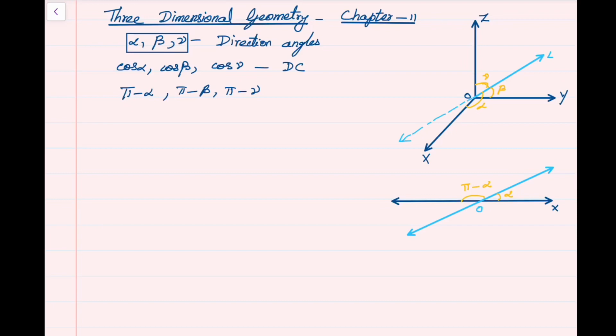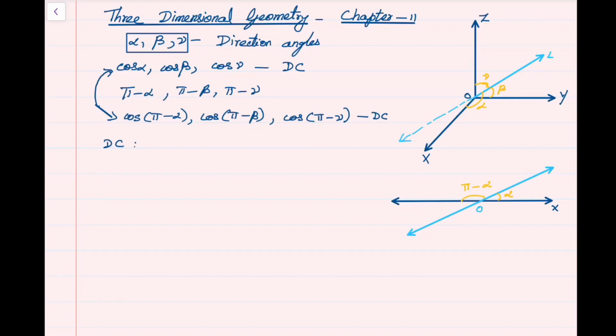Therefore, we have two sets of direction cosines. One is cos alpha, cos beta, cos gamma, and the other one is cos of pi minus alpha, cos of pi minus beta and cos of pi minus gamma. These are also direction cosines of the same line.